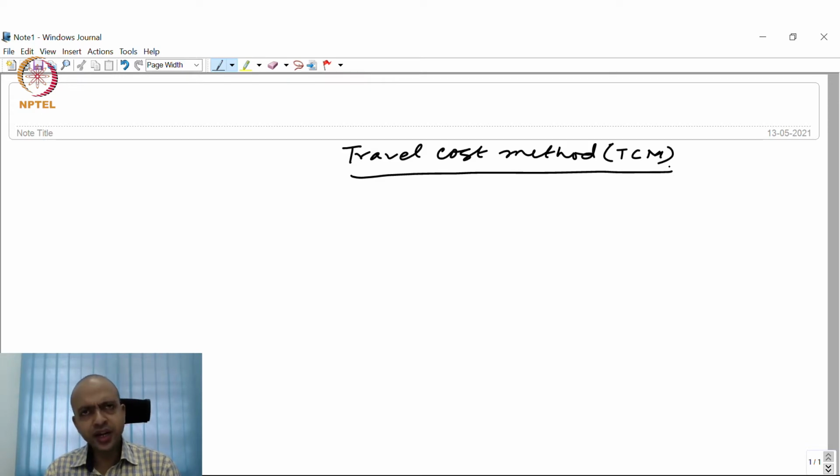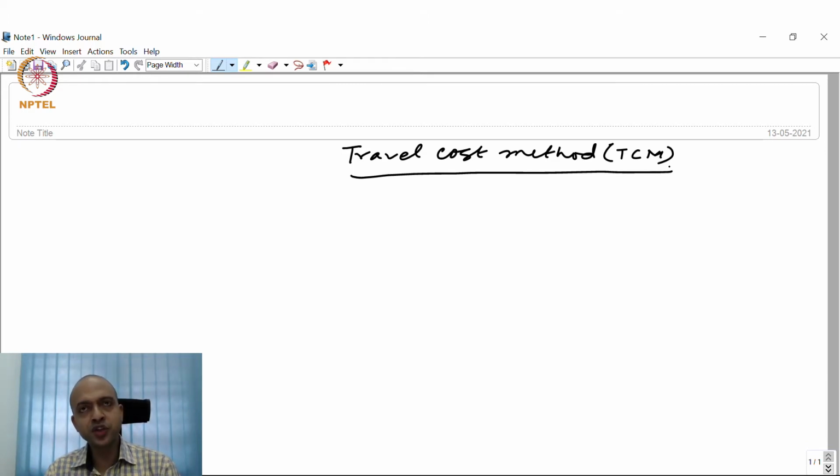But this technique can be applied to any natural site wherein the visitors go and spend some amount of their time. So that means the individual's preference for the environment is also revealed here.